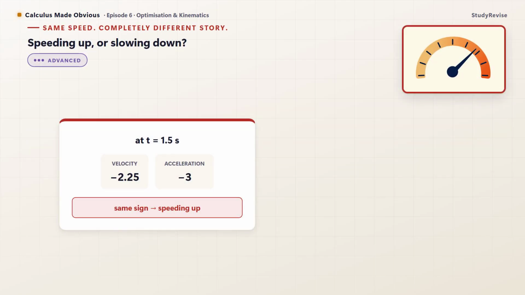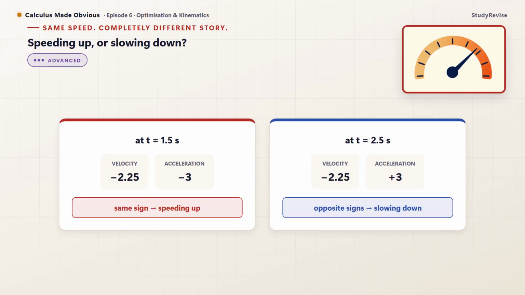One more layer, because velocity and acceleration together tell you something neither one tells you alone. At t equals 1.5 seconds, velocity is minus 2.25, acceleration is minus 3. Same sign, both negative, which means the object is speeding up in the negative direction.